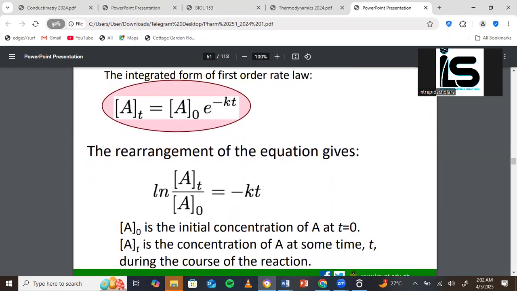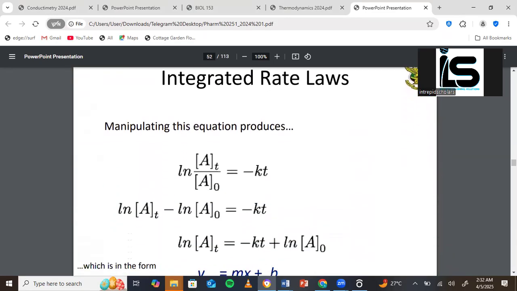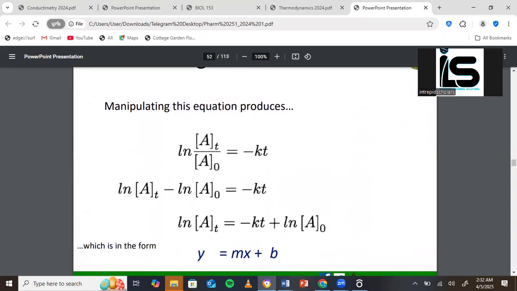We can rearrange the formula. If we find the natural log of this side, we can rearrange the formula to something like this. Now, this is a very important formula for us to know because it can help us draw a straight line to determine first order reactions.